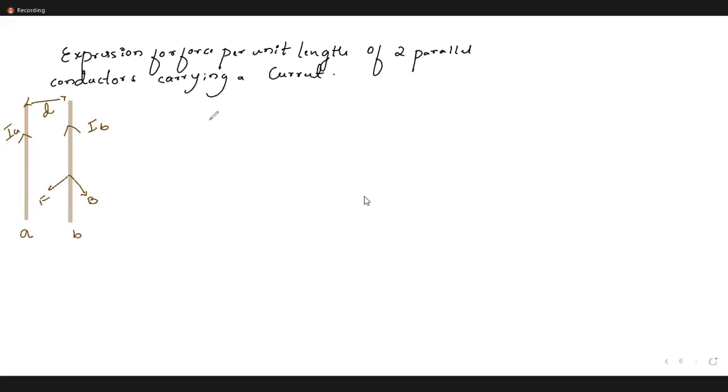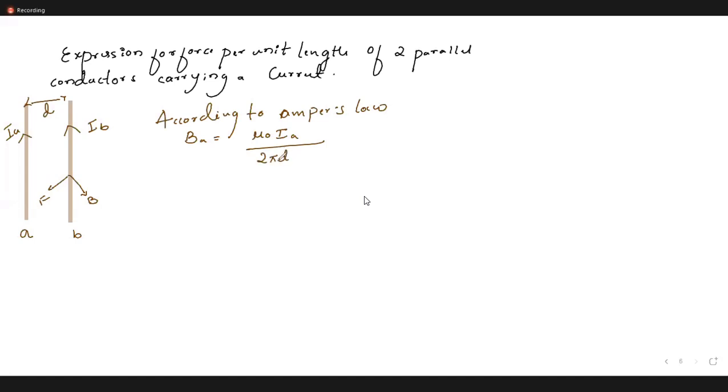According to Ampere's law, BA is equal to mu naught IA divided by 2 pi d for the first conductor.